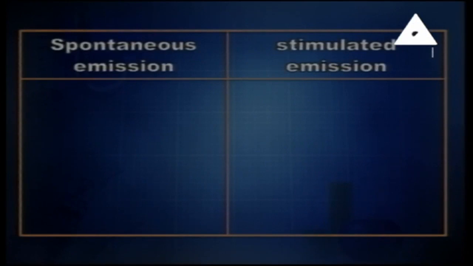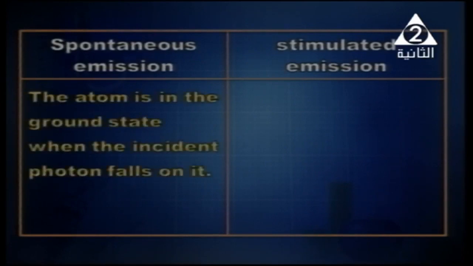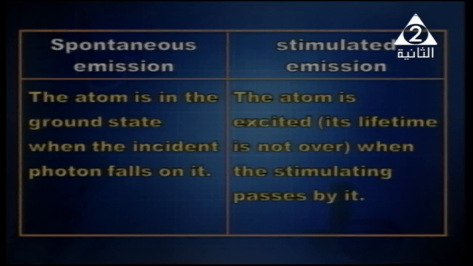And now let's make a comparison between spontaneous emission and stimulated emission. First of all, in a spontaneous emission, the atom is in the ground state when the incident photon falls on it. But in a stimulated emission, the atom is excited, not in the ground state.